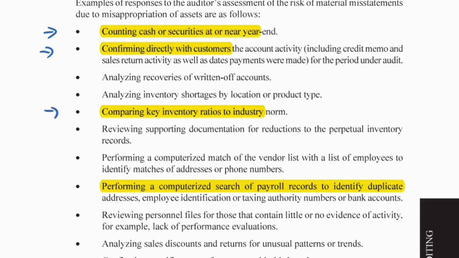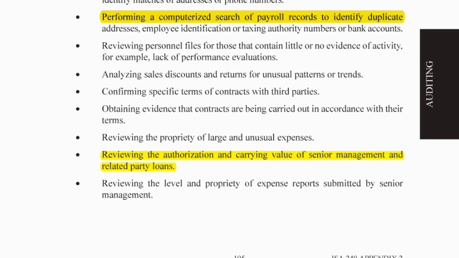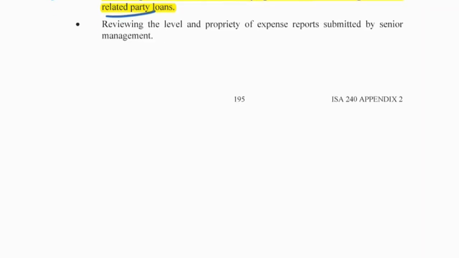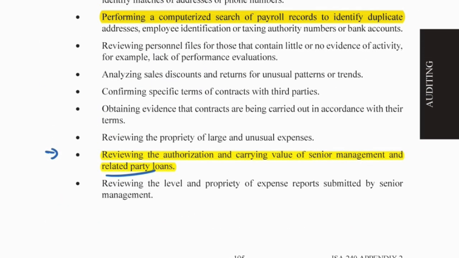Key ratios can help you. Reviewing authorization of related party transactions. And that's about it. Okay, so you can go and have a look at those in a question to help you develop further substantive procedures when you are getting to the testing.